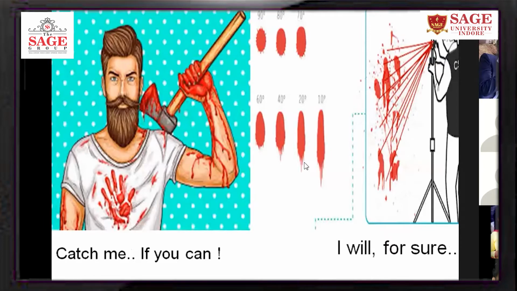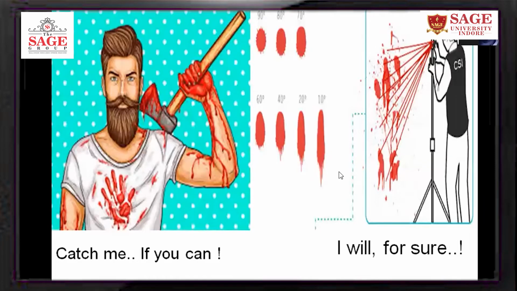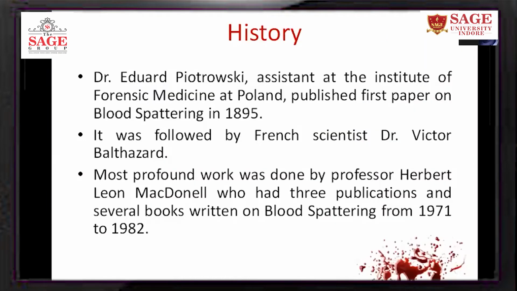But a crime scene investigator, once he comes to the crime scene, can reconstruct all the events one by one: what was the location or position of the victim, where the assailant was standing, how many blows he struck, and possibly what was the nature of the weapon by which this crime was committed.